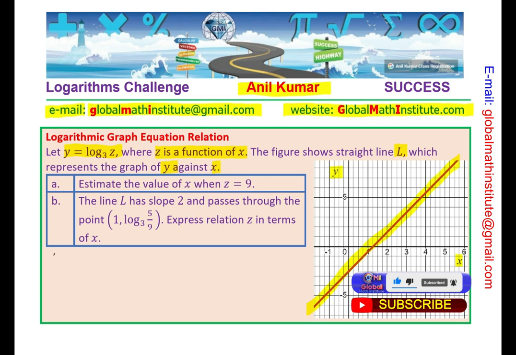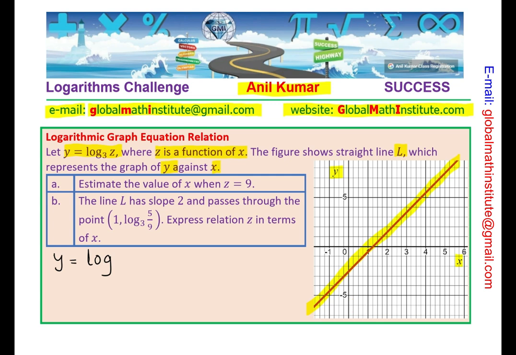So we are given that y is equal to log to the base 3 of z, and we are given that z equals 9. We have to find the value of x. Slightly tricky, since the equation involves y equals log to the base 3 of z.